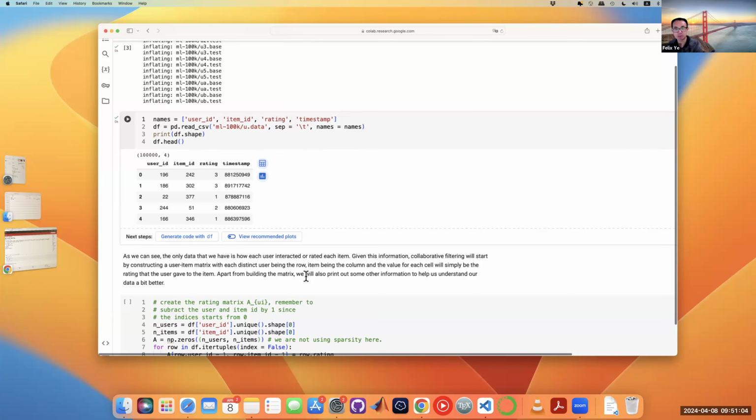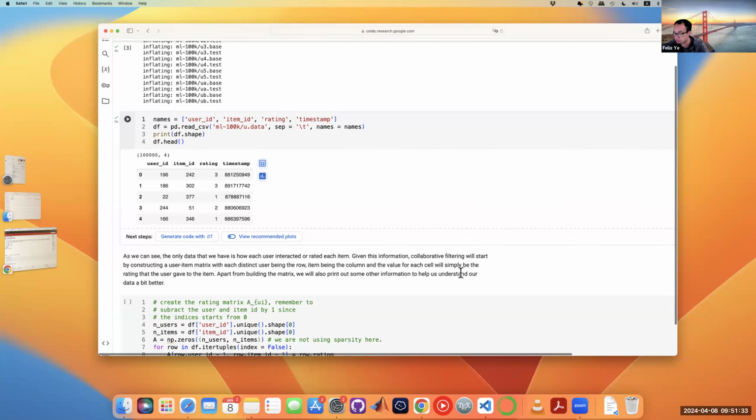With that information, what we do is first construct a user-item matrix. That means that sparse matrix, with each user being a row and each item being a column, as I mentioned. This is the commonly used method. The value for each cell is simply the rating that the user gave for that item.